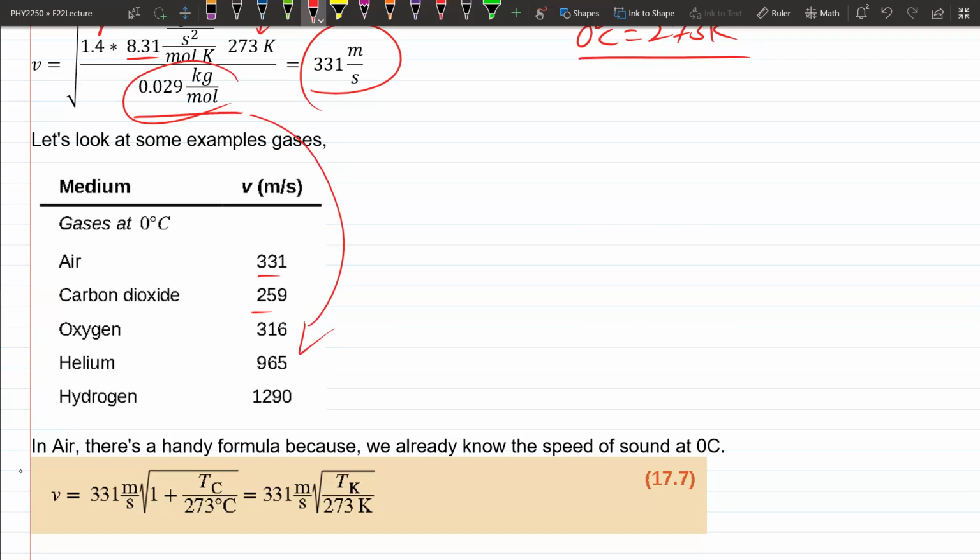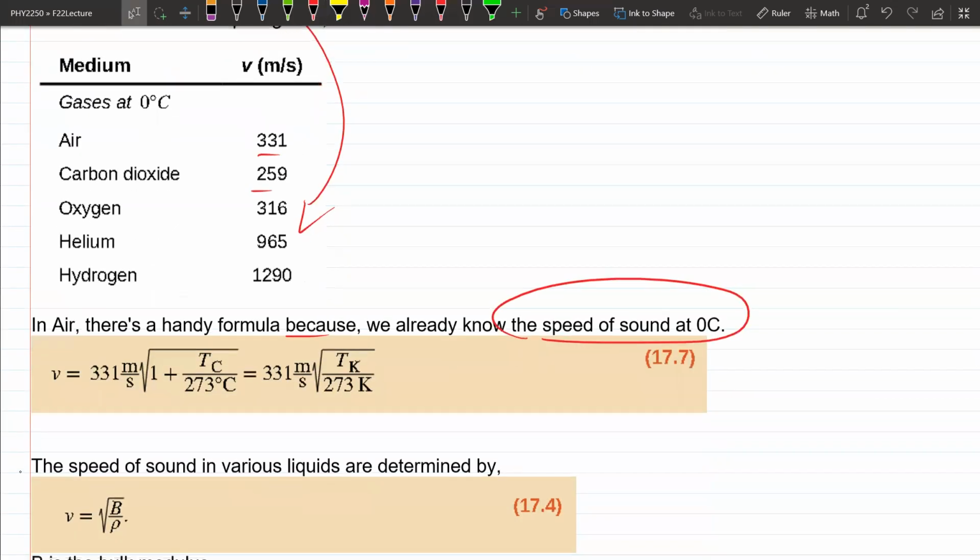So in air, it's very handy to calculate what the speed of sound is at a particular temperature, since we already know what the answer is at 0 degrees Celsius or 273 Kelvin. These equations are useful because you already calculated the number at 0 degrees Celsius.